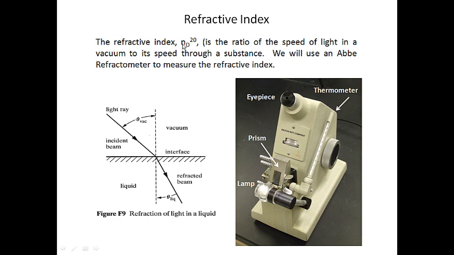Just for reference, the n is the refractive index, the 20 is the degrees of the measurement, and d is a very specific wavelength of light that's used, which is called the d wavelength of sodium. And the d wavelength of sodium is one of the wavelengths that a sodium emission lamp gives off.